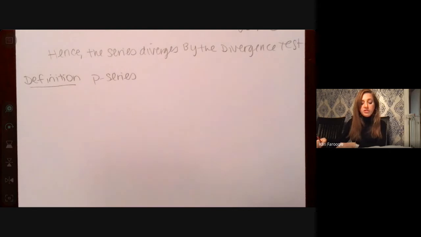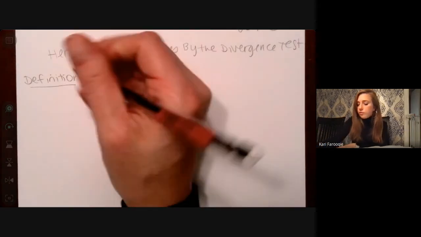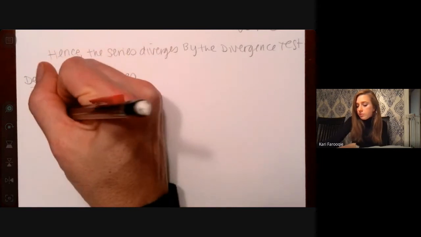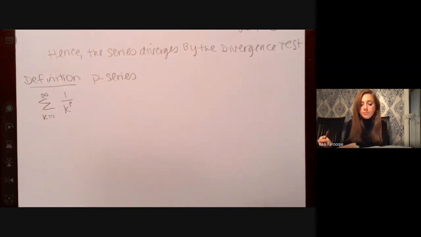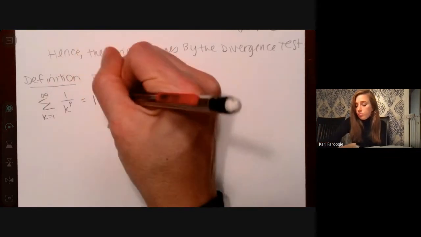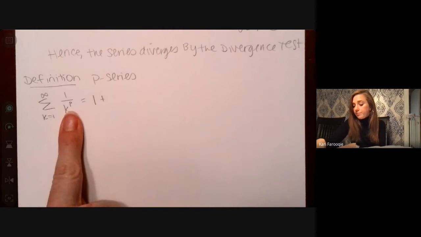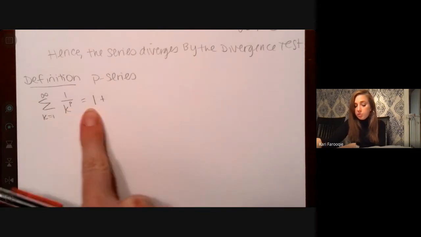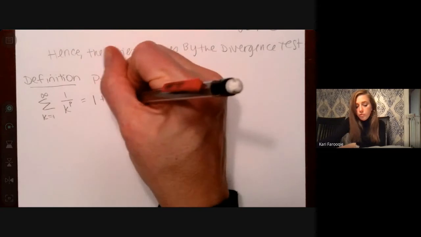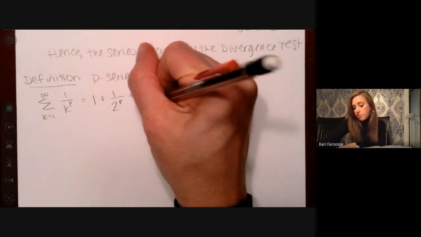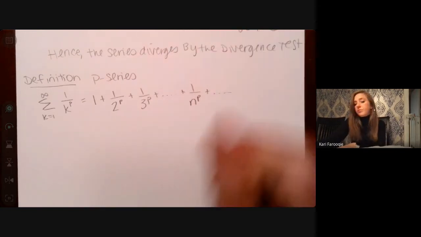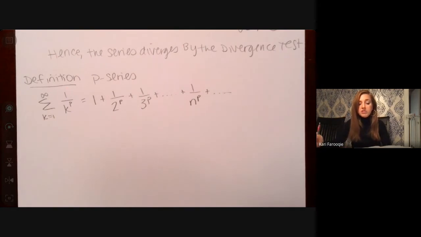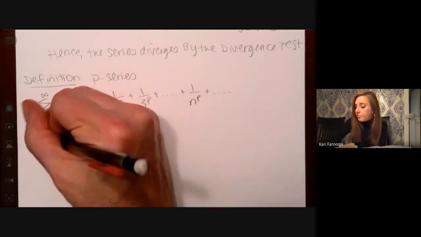Okay, a P-series is an infinite series of the form k equals 1 to infinity of 1 over k to the p power. So it's not k times p, it's k to the p power. So if we let k be 1, 1 to the p is still going to be 1. If we let k be 2, we're doing 2 to the p, and then 3 to the p, and so forth. Then you'll have n to the p, and so forth, where p is a positive real number.